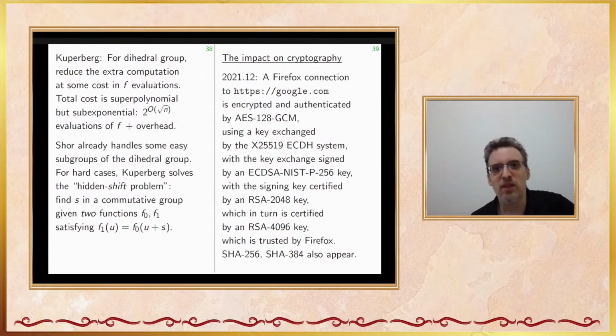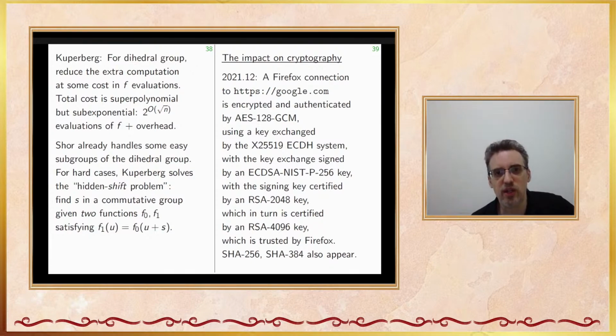And GCM, that's using AES-128 in an authenticated encryption mode, which is protecting your data against modification. The key for AES-128 GCM is exchanged using elliptic curve Diffie-Hellman, using the elliptic curve 25519. And then the Diffie-Hellman key exchange there is a completely unauthenticated Diffie-Hellman, except that fortunately there's a signature saying, yes, this is from the server.